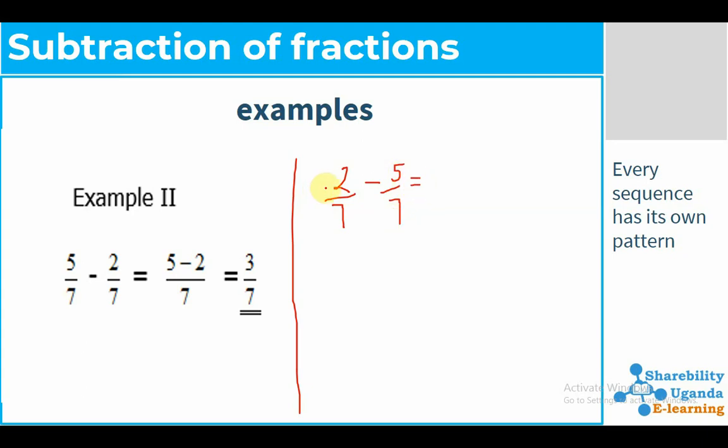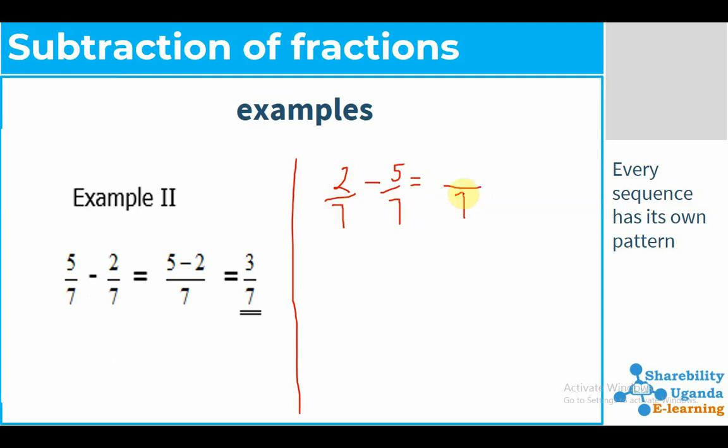Remember, we are dealing with subtraction. So this could be our 7 here, which is a common denominator. We have a 7, we have a 7.